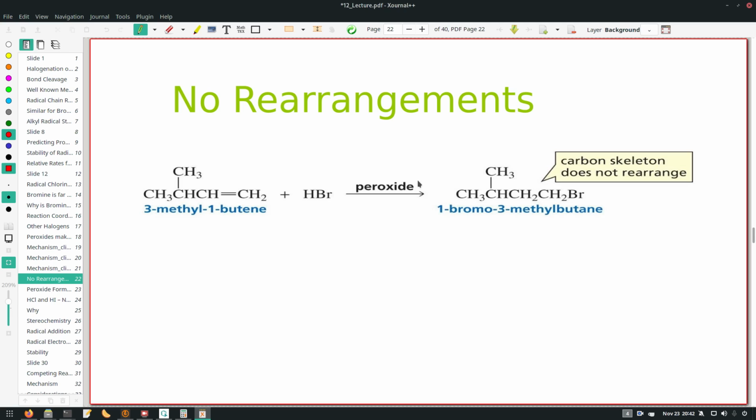Which will be very nice, because without the peroxides, if you remember this one, if I just did that without peroxides, it creates a cation, the most stable cation, but this thing can hydride shift, and you would have ended up with mixtures, but your main product would have had the bromine down there. So you wouldn't even have gotten it anywhere near where that double bond was, at least not the major product. But peroxides, creating those radicals, we don't see hydride shifts on that.